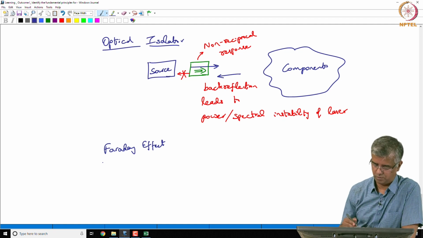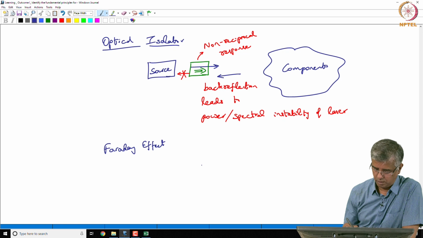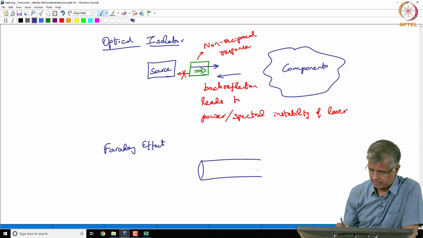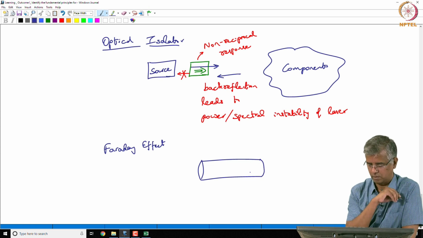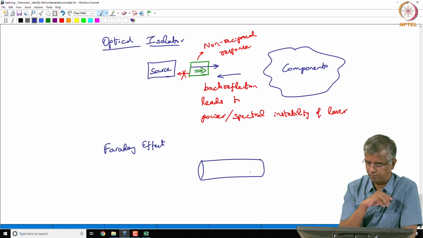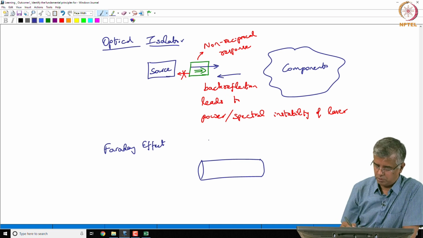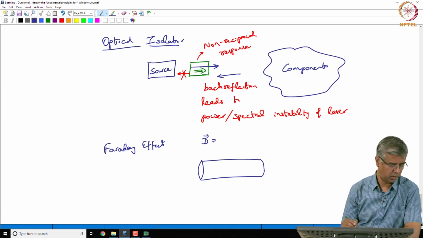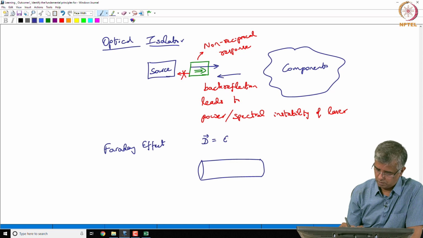This is one of those observations, wherein what he observed is that when you look at the response of certain medium, we try to characterize the response of the medium based on your permittivity.